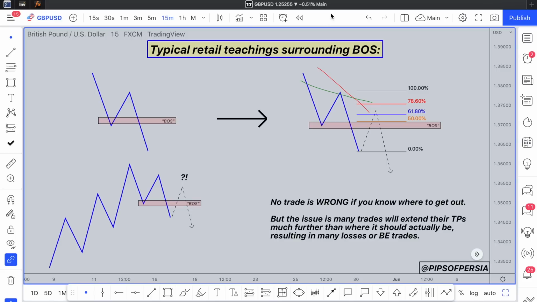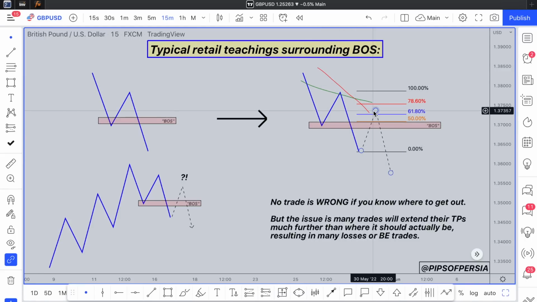So within the very typical and basic teachings of structure in the retail community, you often have these moves that create new points, new waves in the market, and people will consider any move below or above a high or a low as a break of structure. So as soon as they see a wave to the downside, for example, this first wave, a retracement, and then the second wave, oftentimes people are getting ready for their entries.